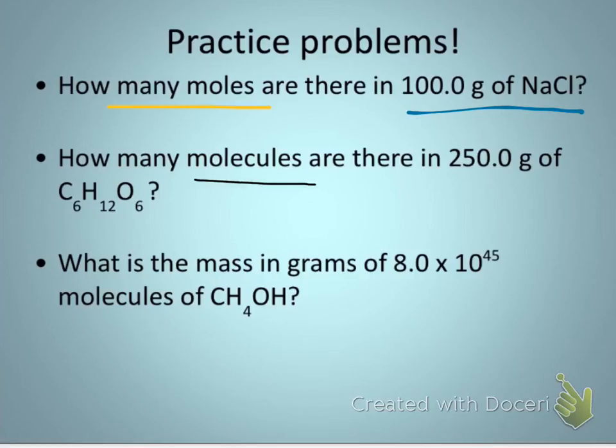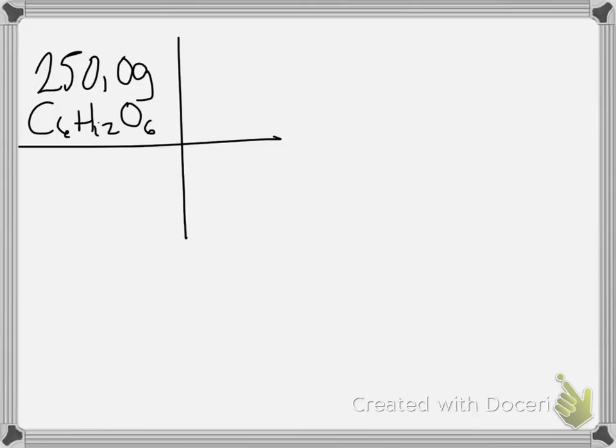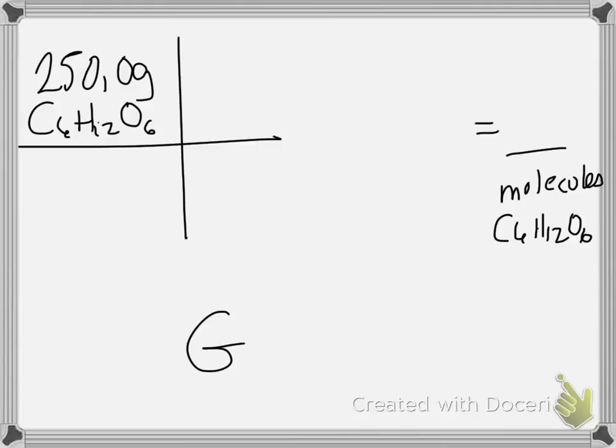Okay, if we want to know how many molecules there are in 250 grams of C6H12O6, that's glucose, let's set that up. What goes in our first box? As always, the given. And we have 250.0 grams C6H12O6. We want to end up with a number of molecules. So, can we go straight from grams to molecules?